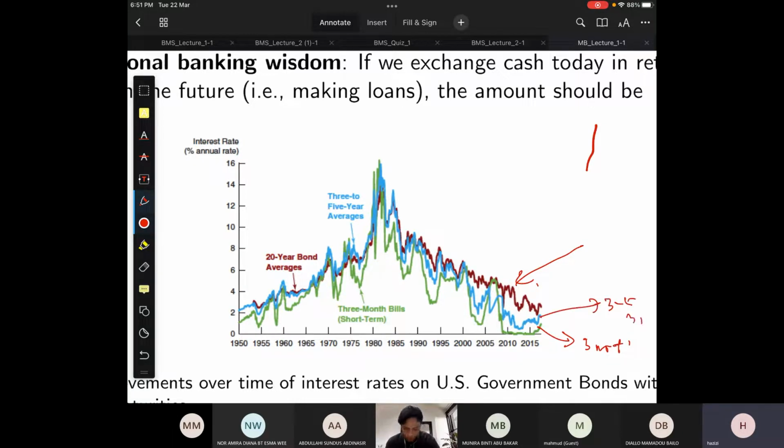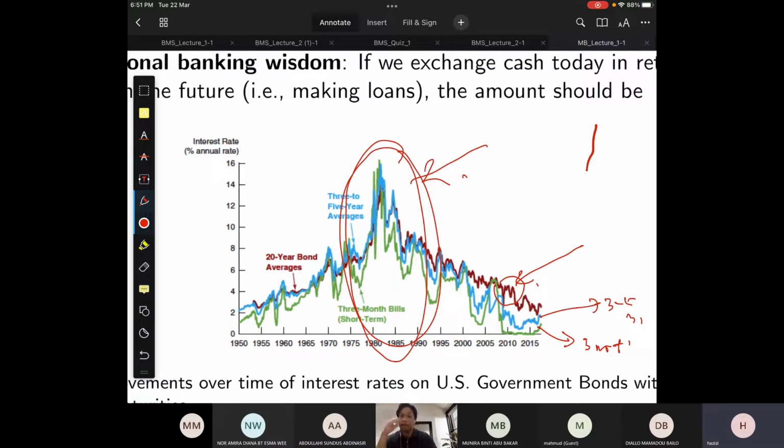You can see that the interest rate for the 20 years bond is definitely higher than those two with a shorter period of maturity. You kind of expect that. But during certain times, for example, I think this is where the crisis takes place, you will see a bit of convergence, because people are changing their preference.